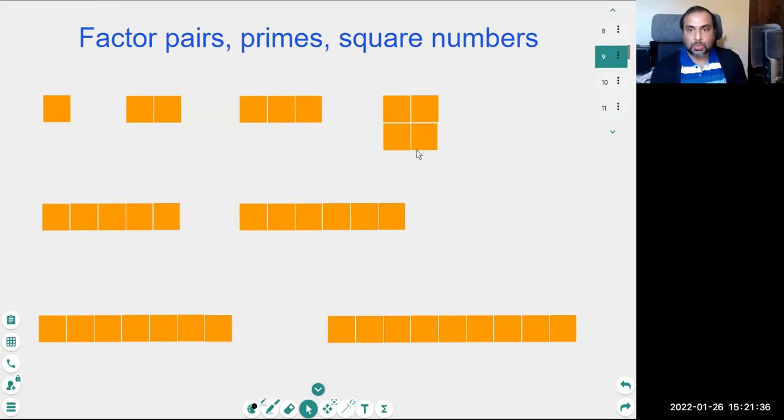And 4 is of course a square number, and you'd be amazed by how many tutees don't know that a square number literally means you can make a square out of it. Quite literally, you can make a square. So that's why 4 is a square number. Can I rectangularize 5? I can't. Can I rectangularize 6? Okay, we're talking now. Rectangularize it like that.